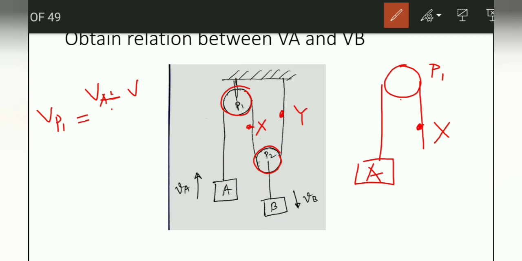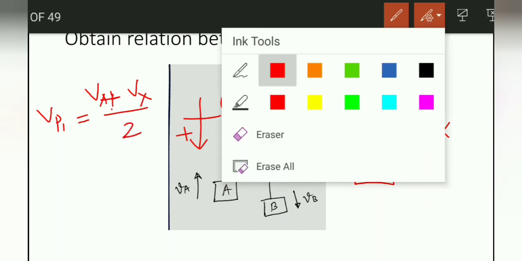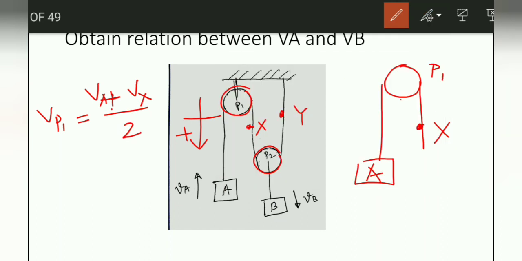I repeat, Va is downward, so let me take downward as positive here. You can take upward also as positive. It will not matter in your result. So now see, Vp1 is 0 because it's stationary. So this is 0 is equal to Va plus Vx by 2.